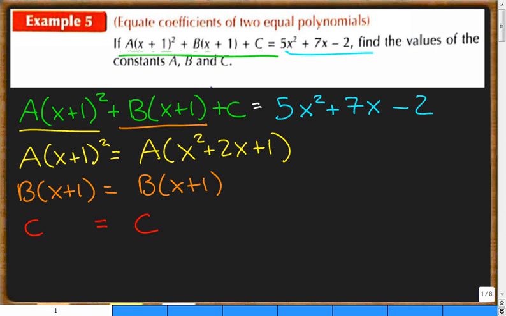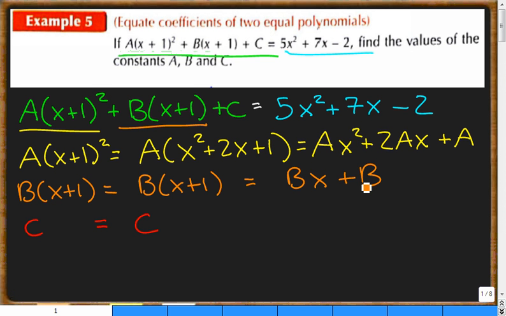So what we need to do is, for each of these terms, continue to expand. Here we've got ax squared plus a times 2x, which makes 2ax, and then a times 1 makes a positive a. This b term, we're going to have b times x plus b.